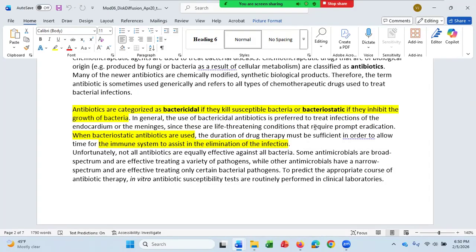It'll just prevent the agent from growing, and then you rely on the immune system to remove the agent. On the other hand, a bactericidal antibiotic will kill the bacteria, assuming the bacteria is susceptible to it. Any question about any of that?